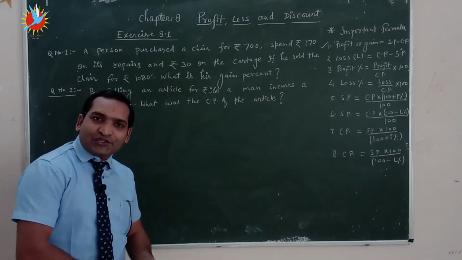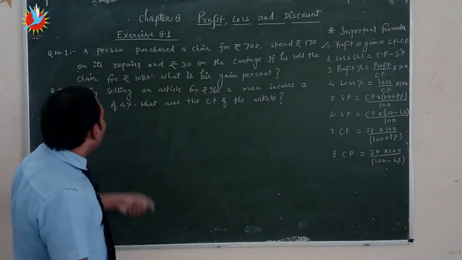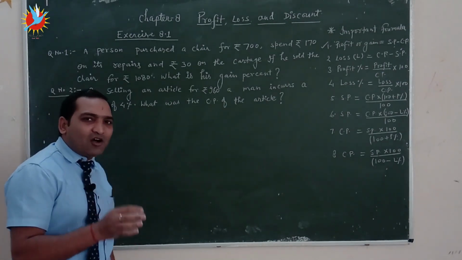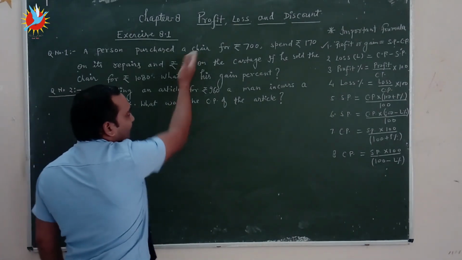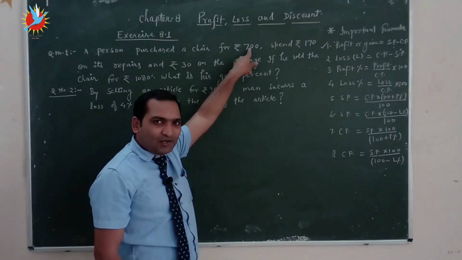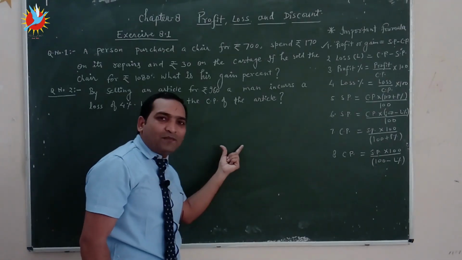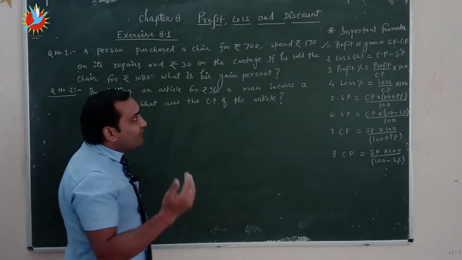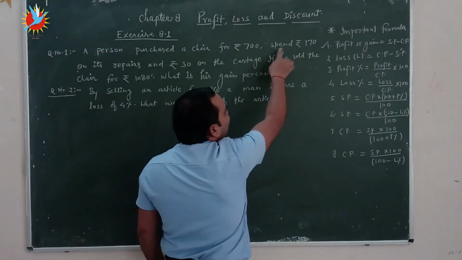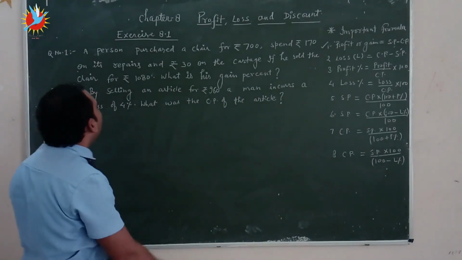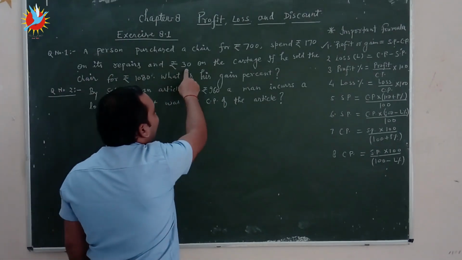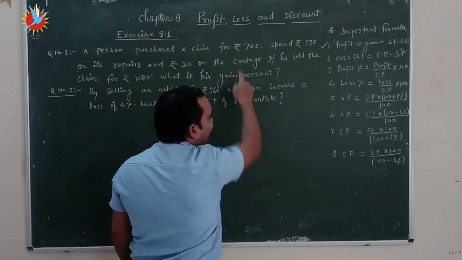So in this question, it is given that a person purchased an object, that is a chair, for rupees 700. So the actual price of the chair was 700. After this, the person spent rupees 170 on its repairs and rupees 30 on the cartage.